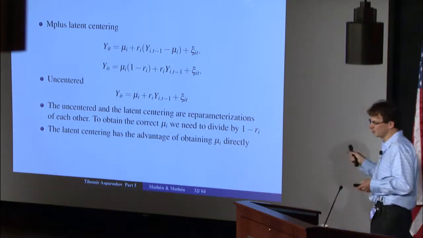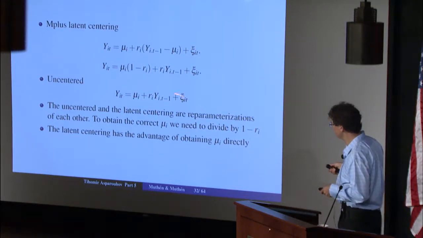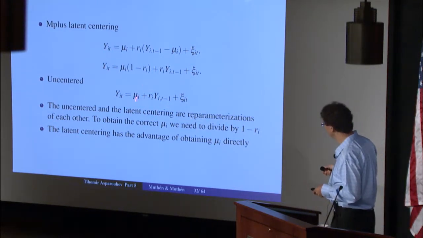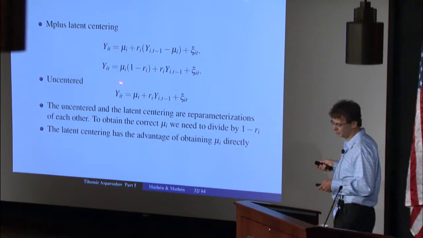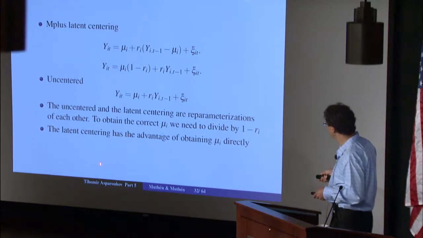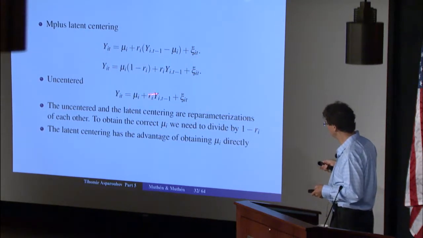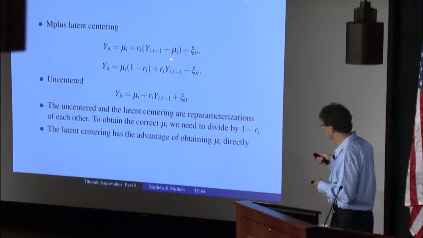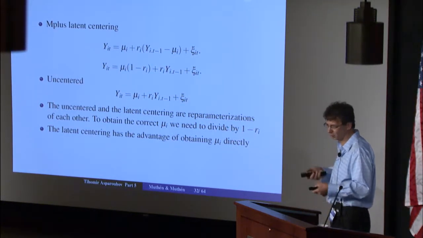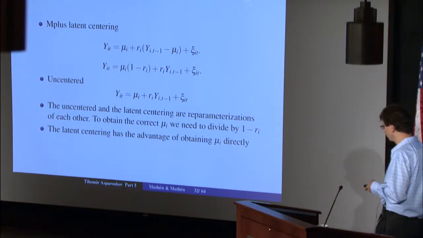So the model is actually the same in this particular situation. You can say, I'll just estimate the uncentered method and divide the intercept by 1 minus the autoregressive parameter, and this way I'll get the correct estimates for the intercept and, from there, the correct variance. One advantage of Mplus latent centering is that you don't have to go through this additional transformation; it's done automatically for you.